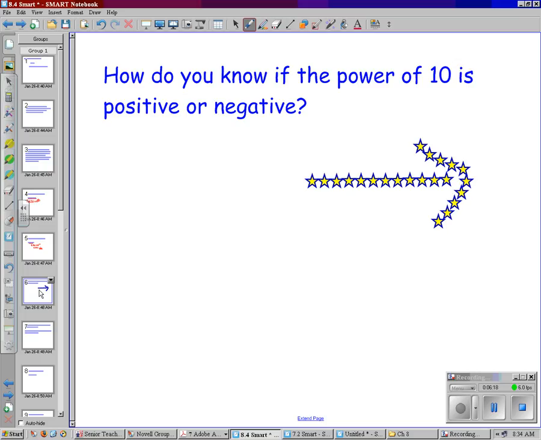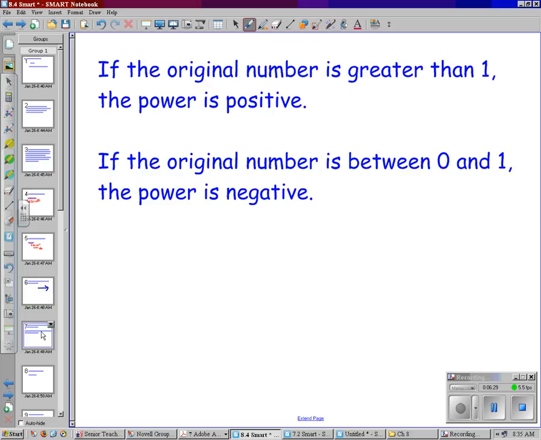We'll have a negative sign in front of it. Now, how do you know whether to put a negative sign is what I'm asking. Well, if it's less than 1 or greater than 1. Okay. So if the original number is greater than 1, we're going to have the power be positive. If the original number is between 0 and 1, meaning it's a decimal, the power is going to be negative.